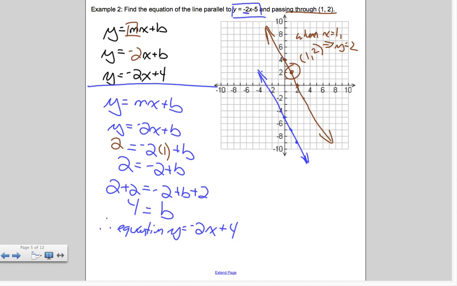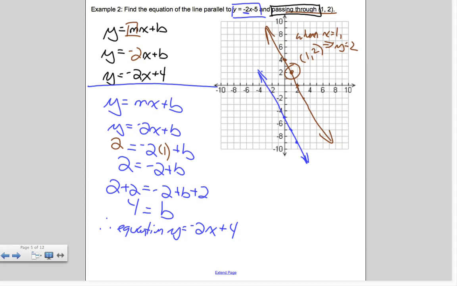I have to give you a point that the line passes through. So this part is key, passing through. We'll always say that the line passes through these points, and that tells you that you can plug in x and y into the equation, and that makes the equation true.